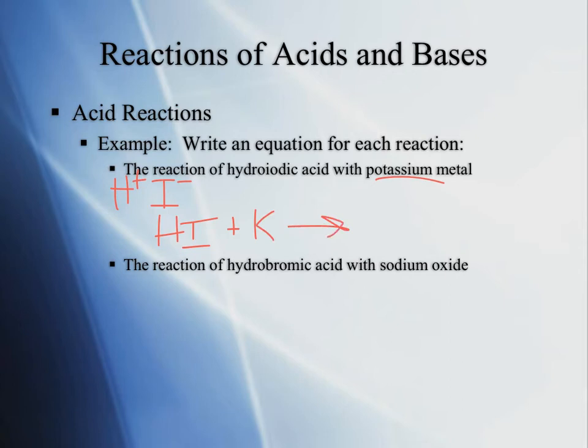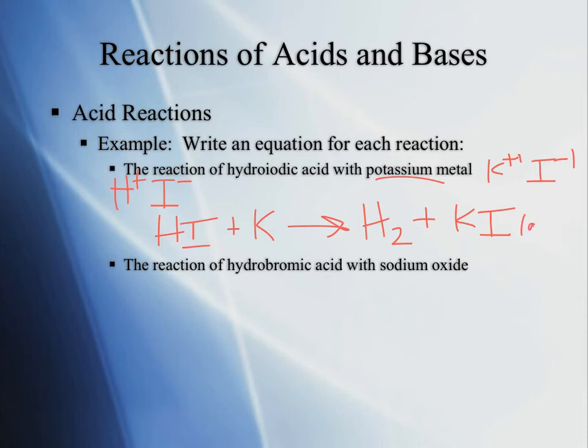Remember, anytime we're working with an acid and a metal, we're always going to get those bubbles, which are hydrogen gas, so H2. Not just H, because it's a diatomic molecule when it's by itself, so it always hooks up with a twin H. So H2, and then what we have left over is K and I. We need to hook up K, which is +1, and I, which is -1, so we're going to have KI in the end.